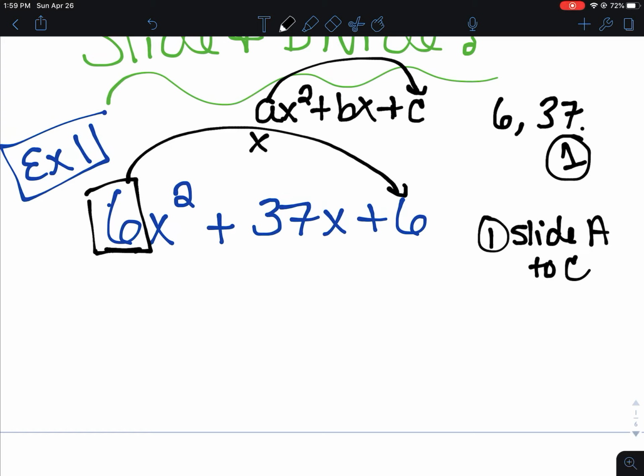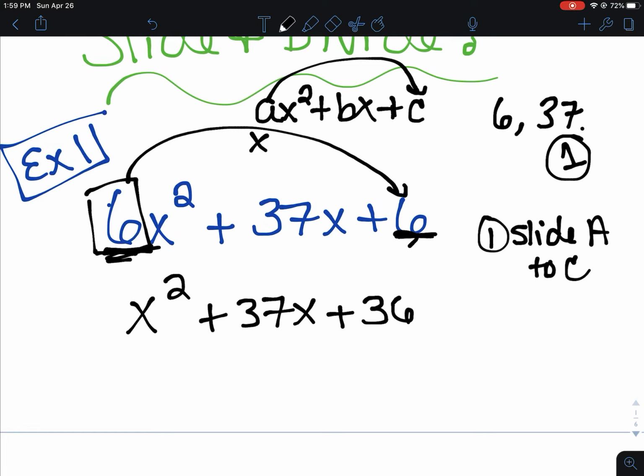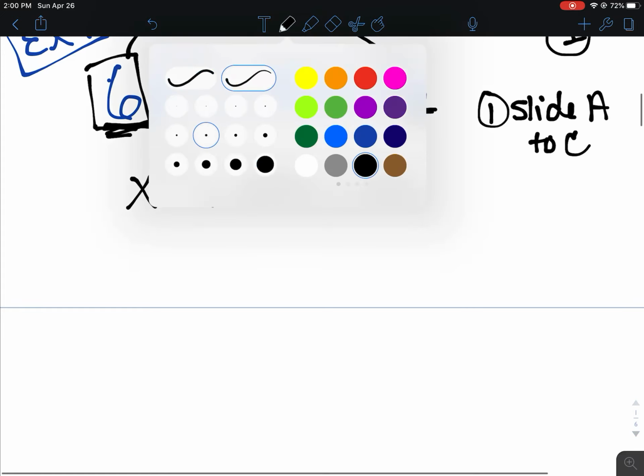And the sliding action is multiplication, right? So we're literally picking up this 6 and we're moving it to the other 6. And so I'm left with just an x squared in the beginning, still a plus 37x in the middle, but now I have 6 times 6, so plus 36 on the end.